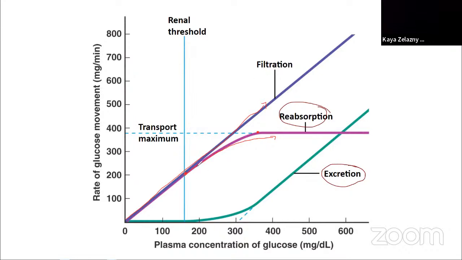Because anything that isn't getting reabsorbed, this difference, is getting excreted. So the difference between the amount that's filtered and the amount that's reabsorbed is the amount that gets excreted in your urine. So those two sections should be basically the same. As you occupy all those carriers, you get more and more glucose spillover in the urine.